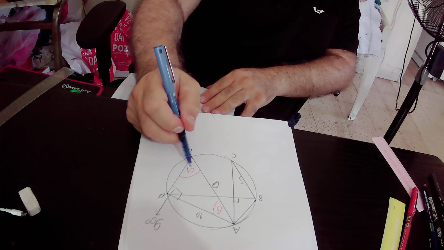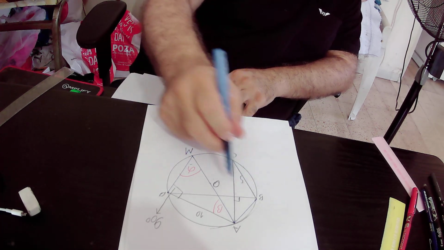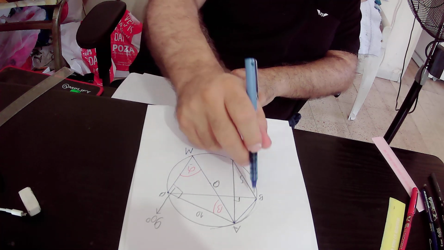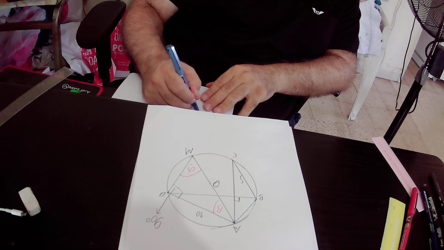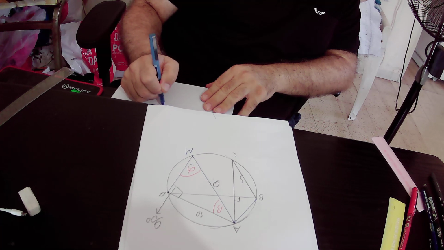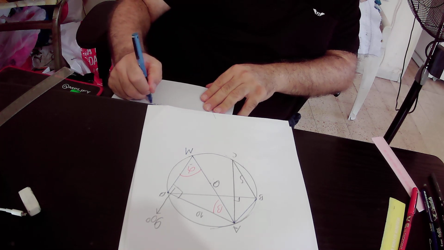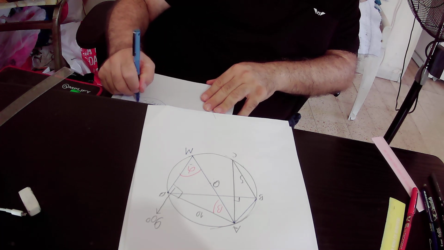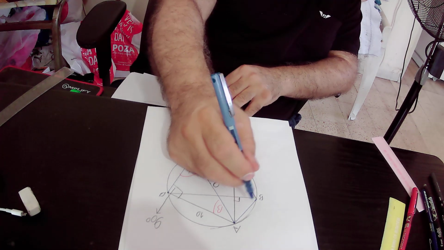So if this angle is alpha, this angle is also alpha, because both angles rest on the same chord AD. That is to say, angle ABD equals alpha.